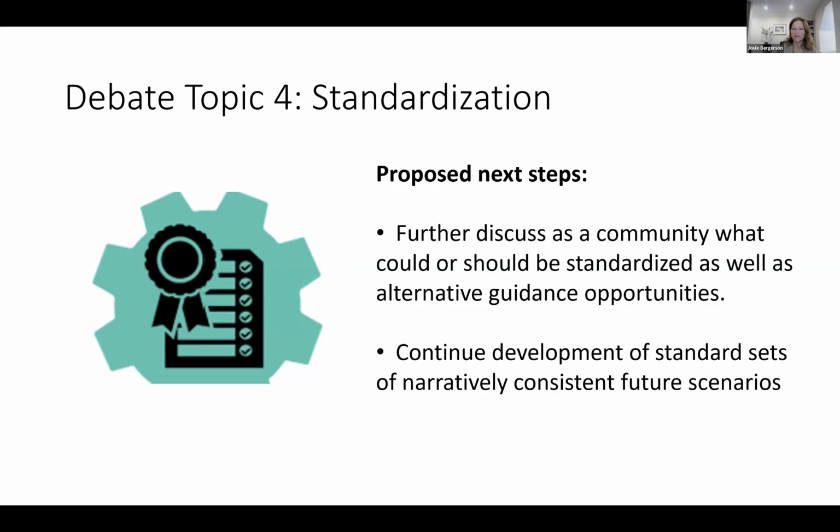The proposed next steps then are to further discuss as a community what could or should be standardized, as well as alternative guidance opportunities that we could give, and then continue development of standard sets of narratively consistent future scenarios. That's one thing that we did land on, that having some of those future scenarios that are internally consistent.